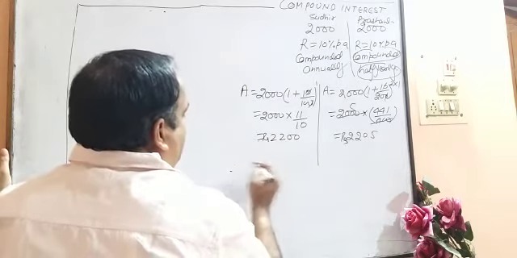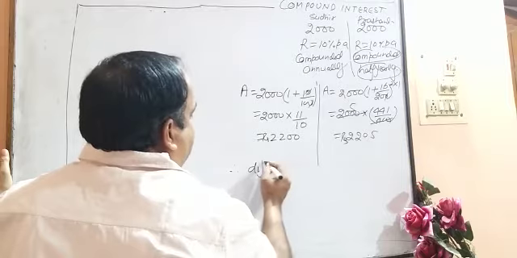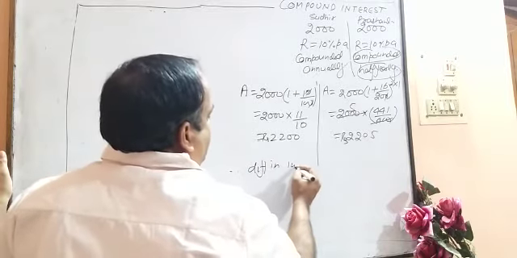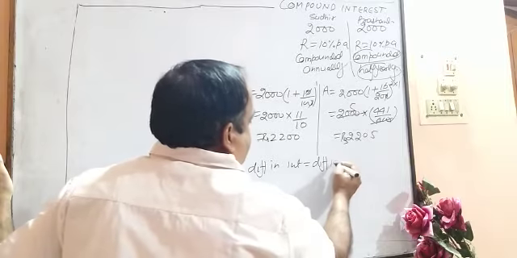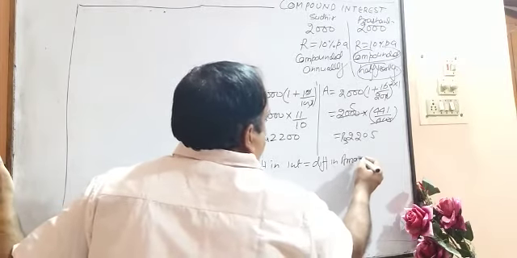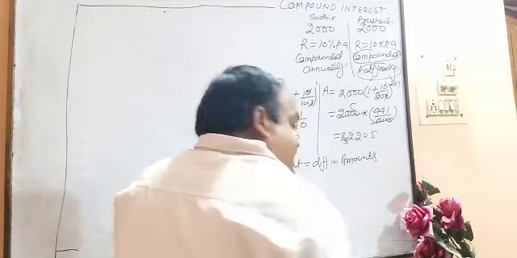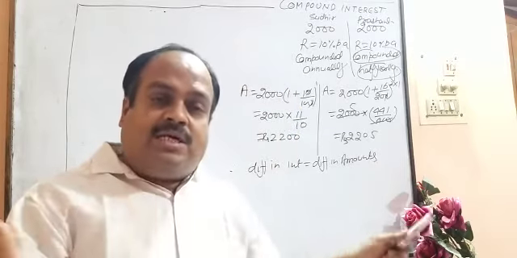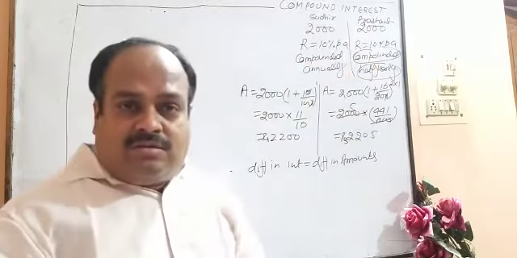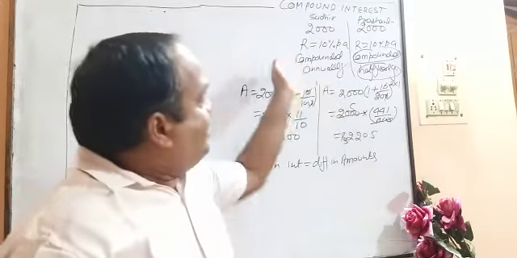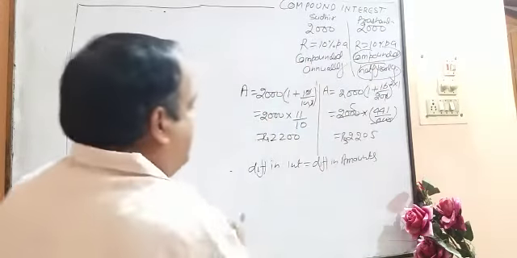So the difference in interest is equal to the difference in amount. You don't think that the difference in interest is always equal to the difference in amount? No. Since the sums lent out are equal and the rates are equal, that's why.